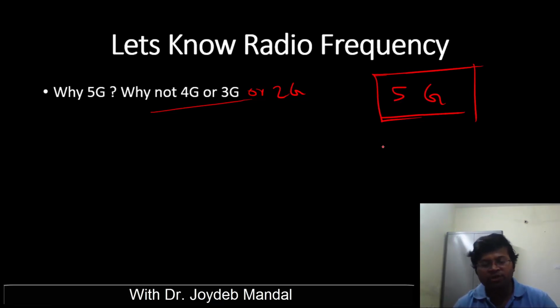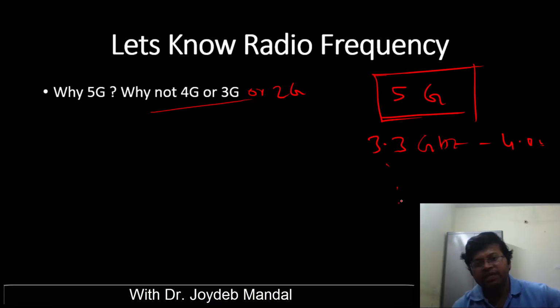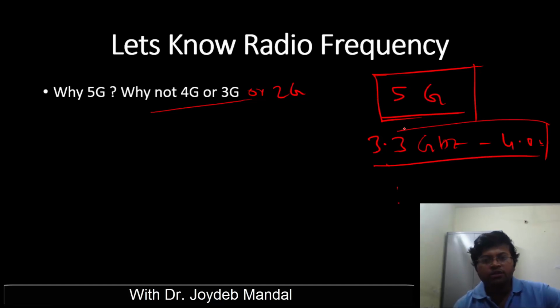Based on commercial and available components, for 5G we can take any frequency band, 3.3 gigahertz to 4 gigahertz, or some go up to 10 gigahertz or more. For telecommunication, one of the bands being used is the 3.2 to 4 gigahertz range.